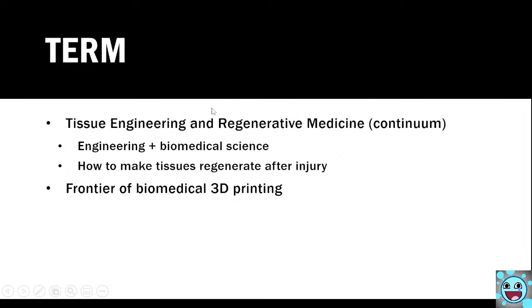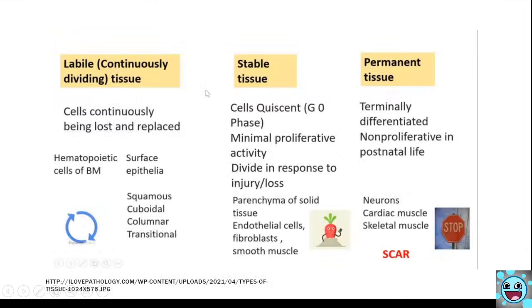So the two terms are usually combined. This is the interface between engineering and biomedical science. It is about how to make tissues regenerate after injury. Therefore, this term is the frontier of biomedical 3D printing.